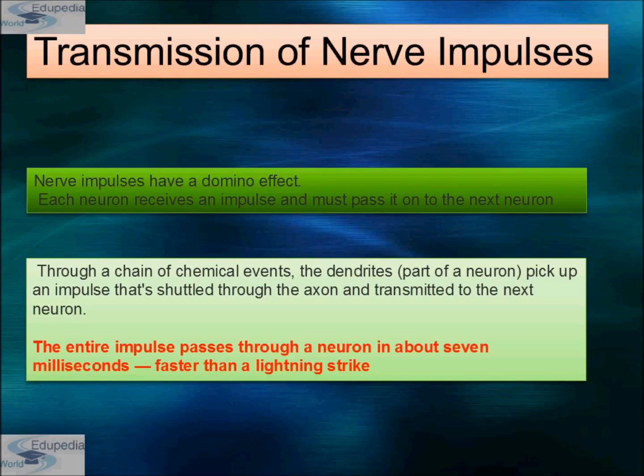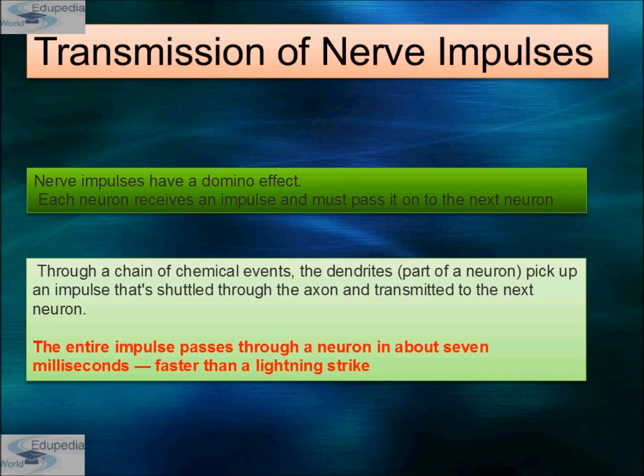Now we'll see how the chain of chemical events takes place in the transmission of nerve impulse. Through a chain of chemical events, the dendrites pick up an impulse. I have already taught you how dendrites pick up an impulse that travels through the axon and is transmitted to the next neuron.